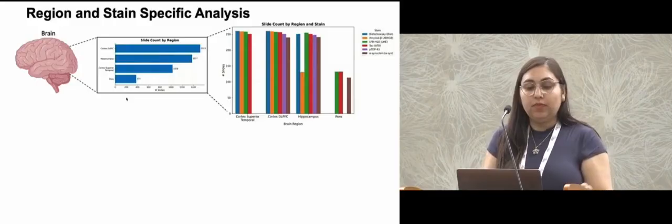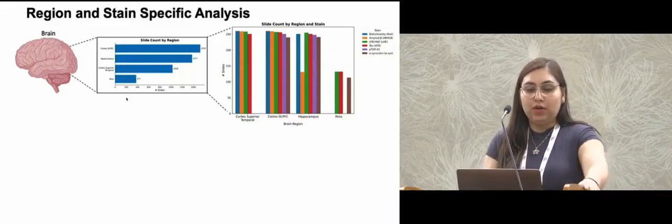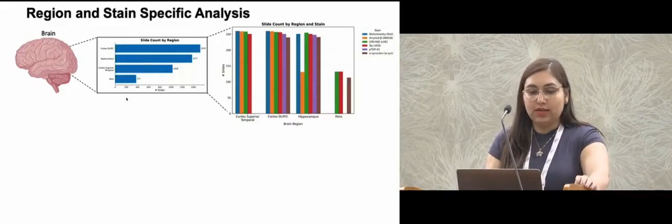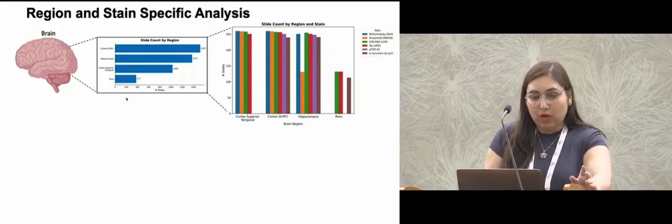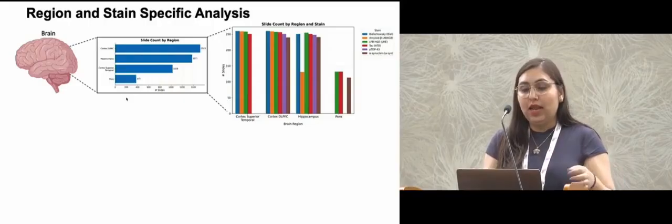Apart from that, we also did region and stain specific analysis because we had one cohort with around 6,000 slides coming from different brain regions, which I'm listing here, for example, cortex, hippocampus. We knew these slides were coming from these brain regions, and also from different stains.